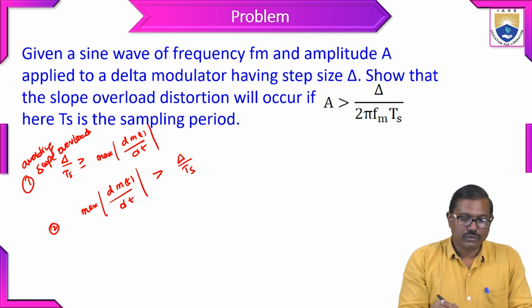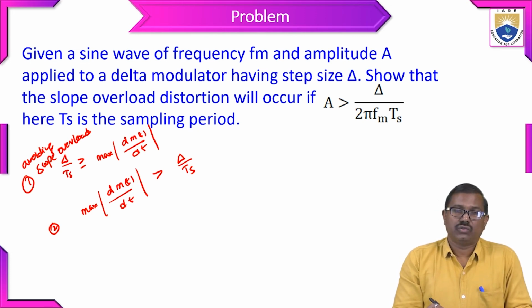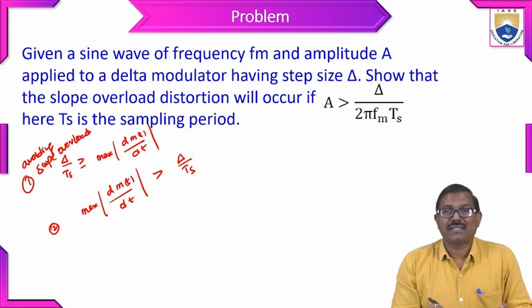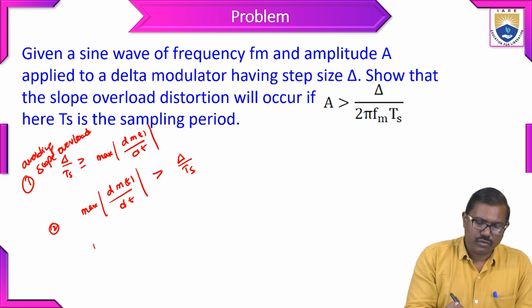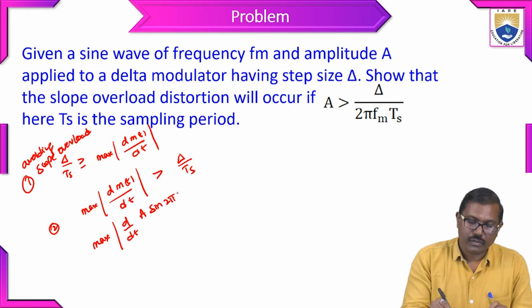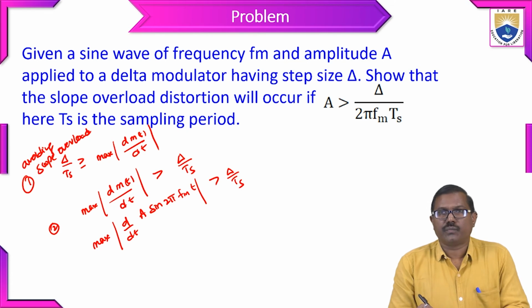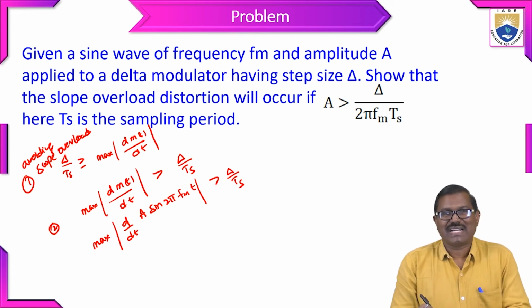We know that m of t is the message signal, so we can write it as A sine 2 pi fm t. I am going to substitute this into the maximum slope: d by dt of A sine 2 pi fm t greater than delta by Ts. When you differentiate the sine term, we get cos.